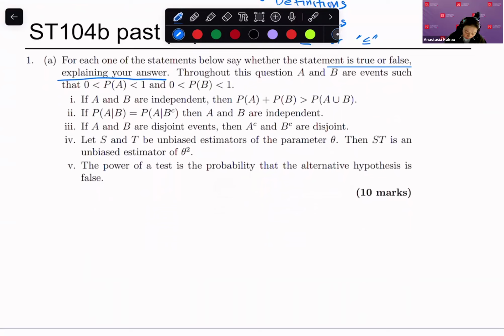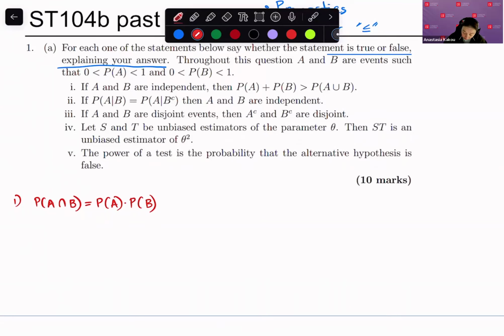The first one is if A and B are independent. Let's start with the definition. A and B independent means that the probability of the intersection is equal to the product of the two probabilities. Then we need to check whether a given statement is correct. Starting with the right-hand side, you have the probability of the union of two events.